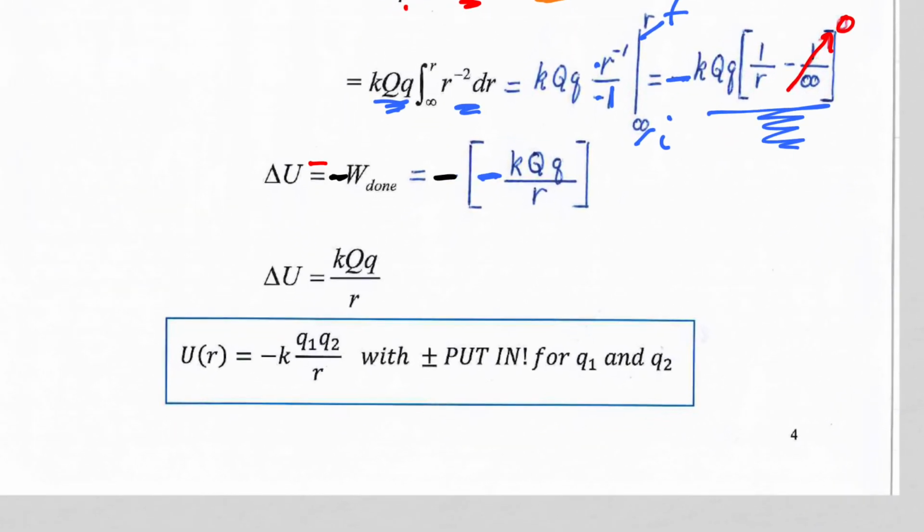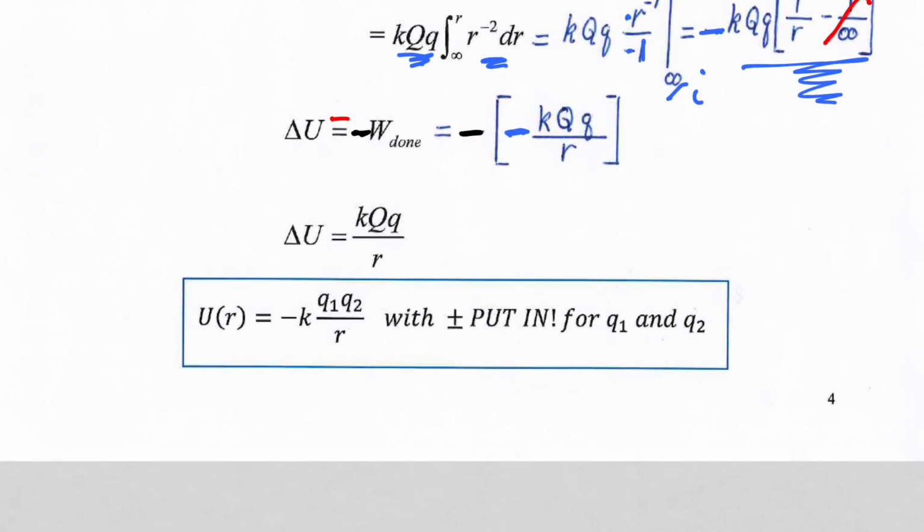This black negative would be the black negative out here, and the blue negative here is the blue negative here. So we get delta U equals k Q1 Q2 on r. Then the function we pick out as one of those, and U as a function of r then equals negative k Q1 Q2, as it shows here in your notes, divided by r. And of course, we have to put in the positive and the negative for the Q1 and the Q2.